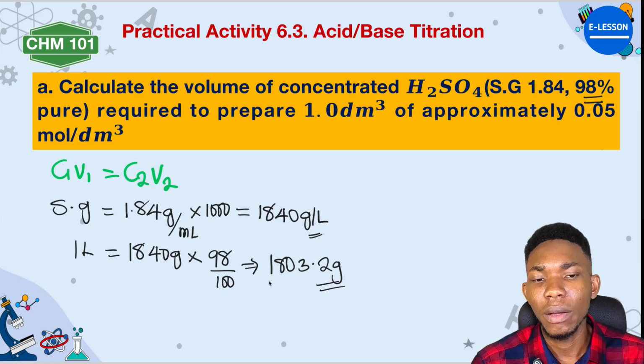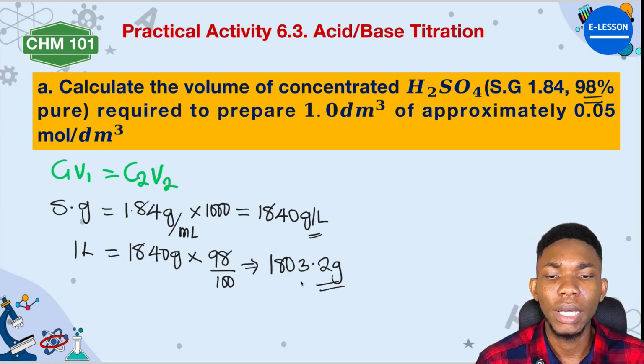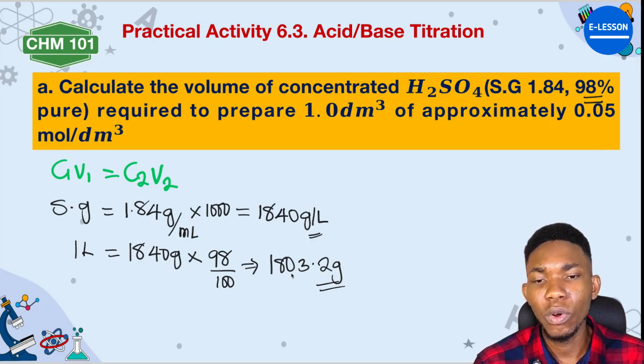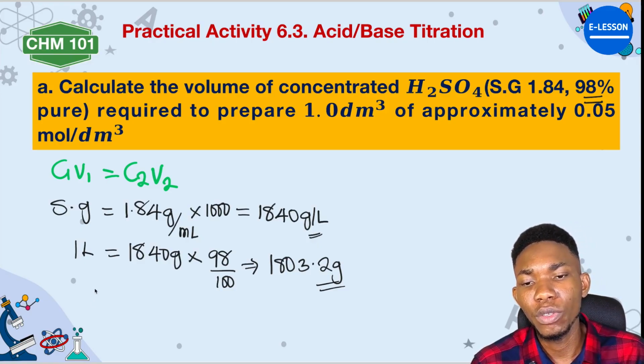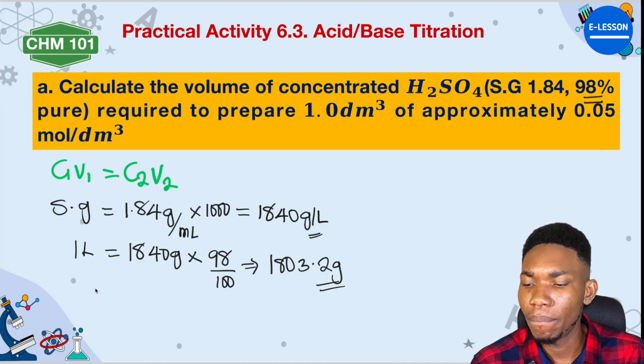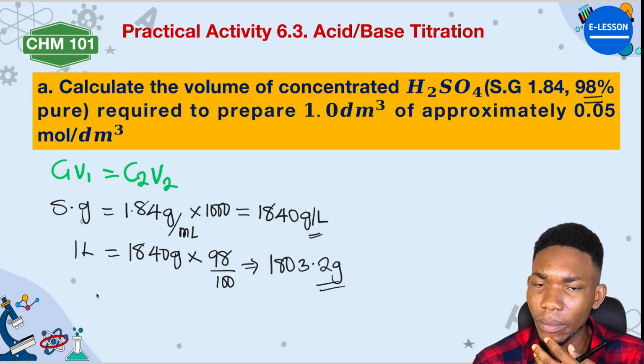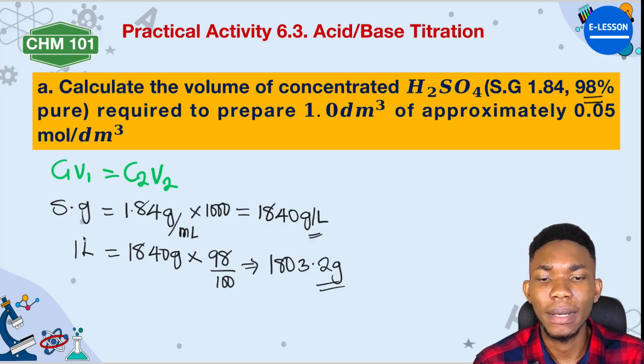Is that okay? Now, have we gotten this in gram? Now, we want to calculate the molarity of H2SO4. But you know that the molar mass of H2SO4 is 98. Okay, that is present in 1 liter.